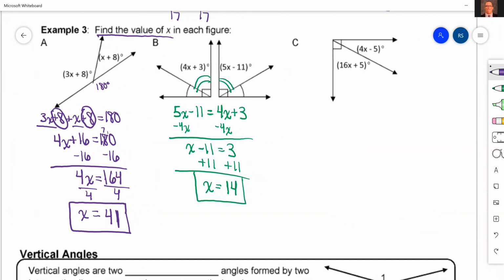Now for the last one on this group of problems, so it's not the last one total, but just for this group of 3 problems, what kind of angle is this up here? This whole thing is a 90-degree angle. So how could I figure out what x is?